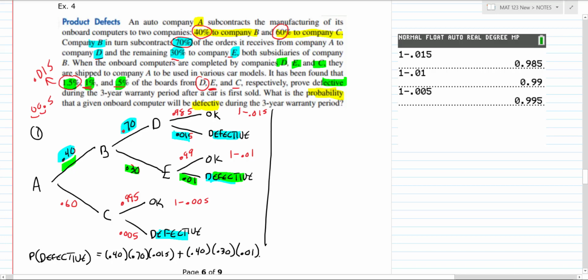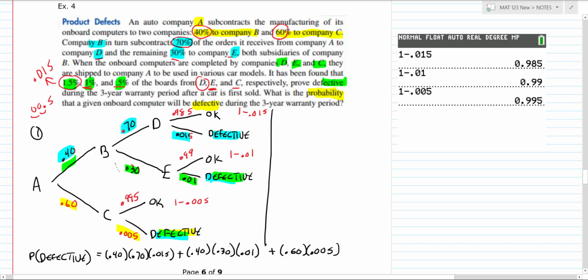And finally, the last way is to go through that branch and that branch, so that last probability would be 0.60 times 0.005.